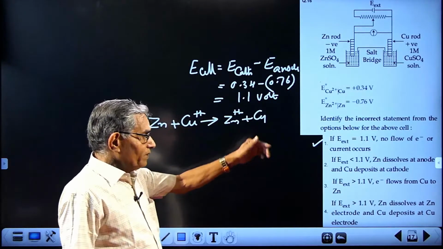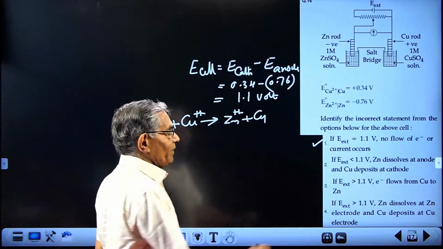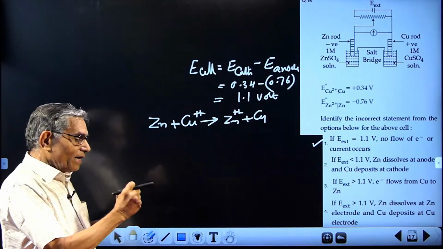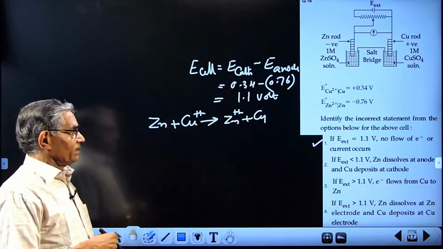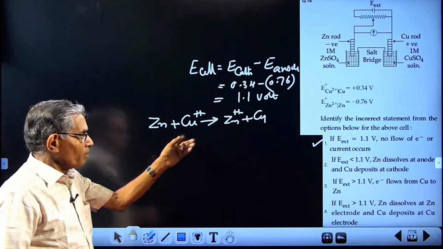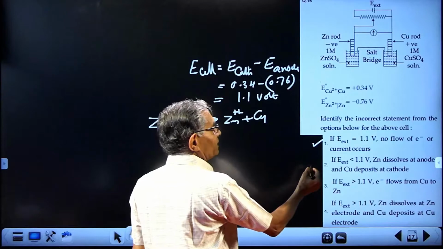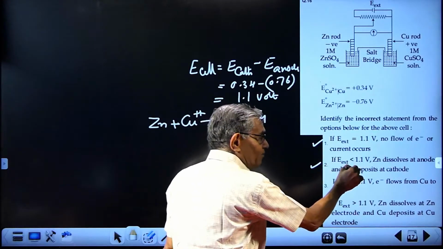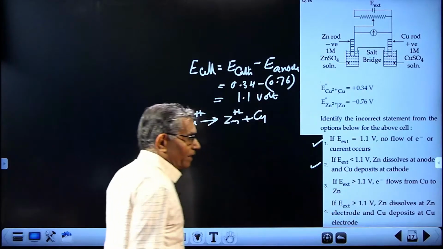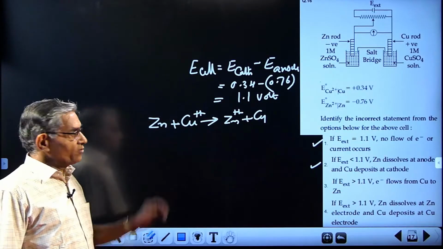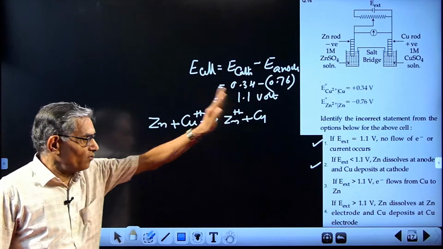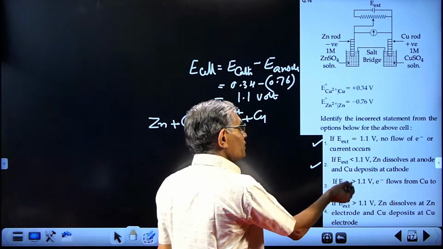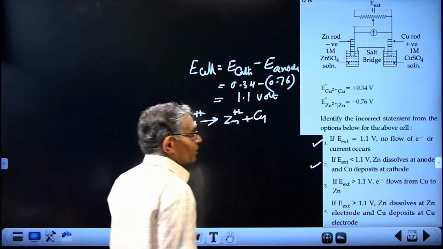Now what will happen if the external voltage is less? If the external cell voltage is less, the cell reaction will undergo in the forward direction. Zinc will dissolve, copper will be deposited. This is condition number 2. If the external EMF is less than 1.1 volt, zinc dissolves and copper is deposited. The cell reaction proceeds in the forward direction. So 2 is also correct. But if the external voltage is greater than 1.1, what will happen?